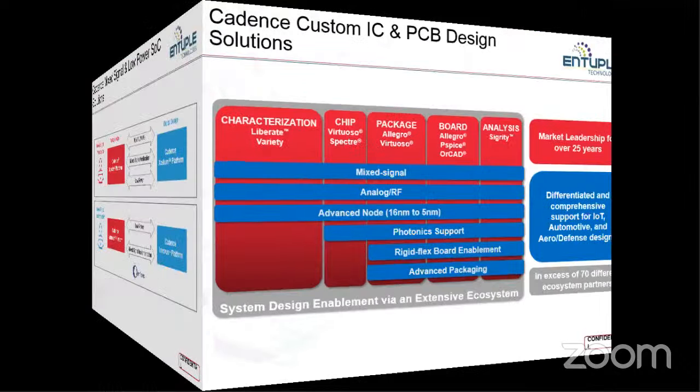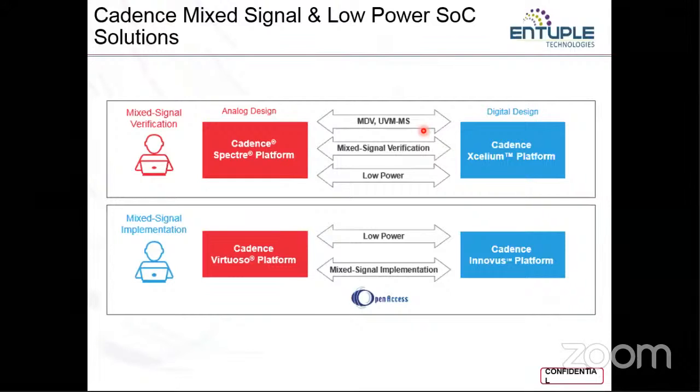These are the solutions provided for mixed signal and low power solutions. Either you can have the analog design on top, or you can have the digital design on top. That is what we call analog on top and digital on top mixed signal design.